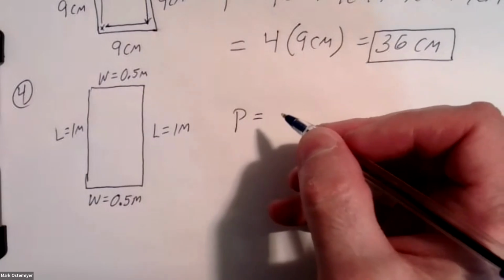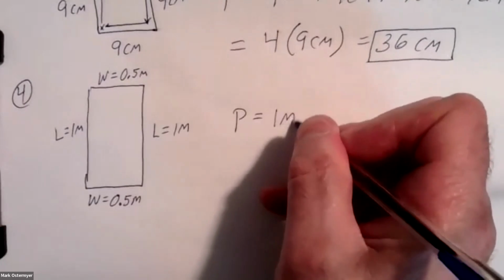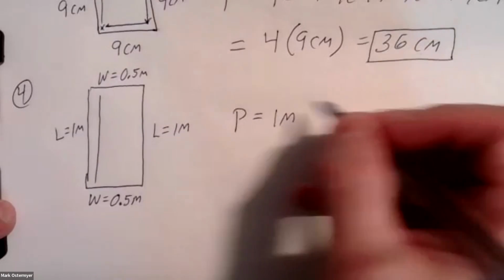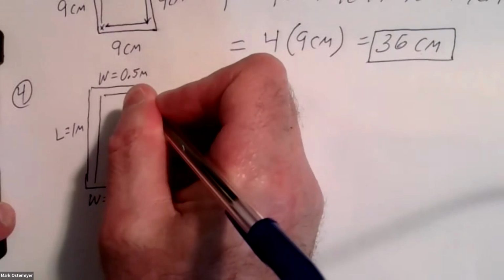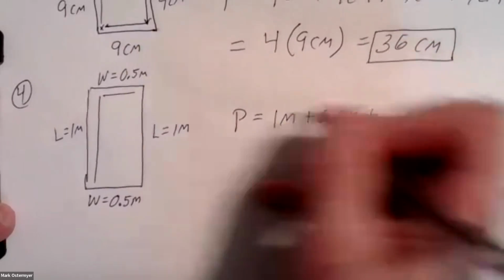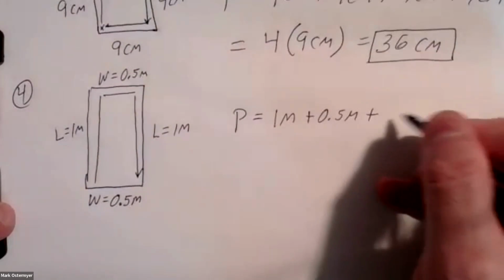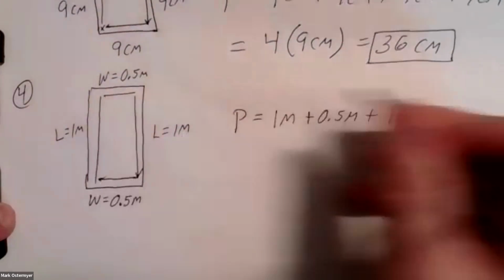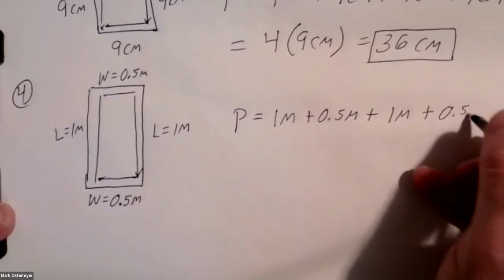So how do we find the perimeter? Well, it's going to be the length, which is 1 meter, plus a width of 0.5 meters, plus another length of 1 meter, plus another width of 0.5 meters.